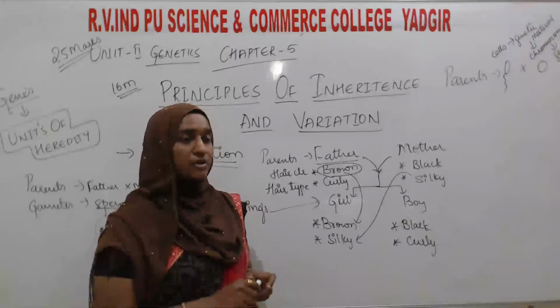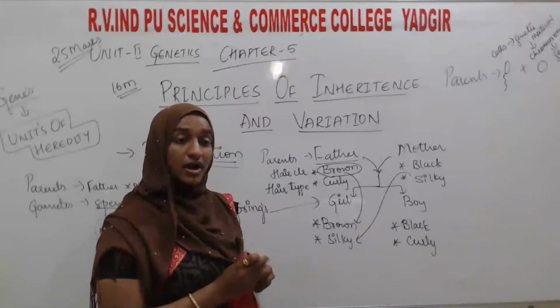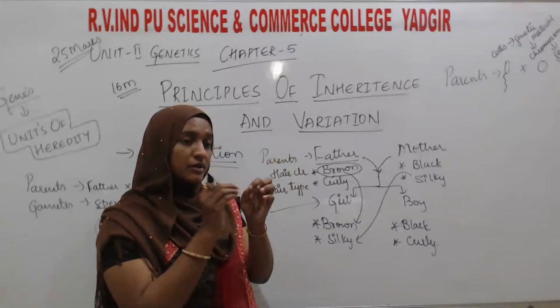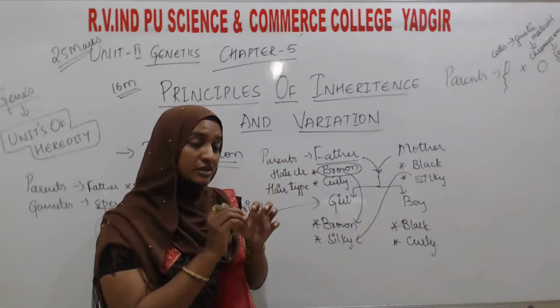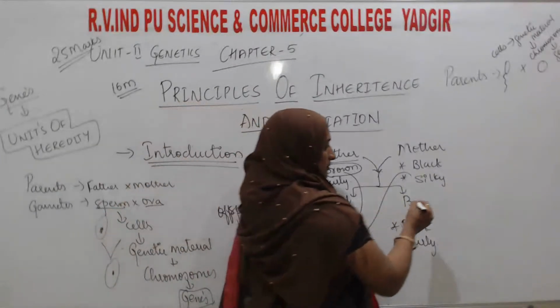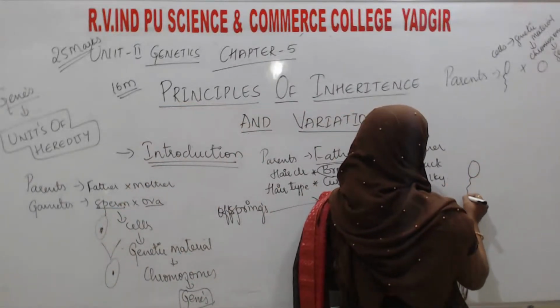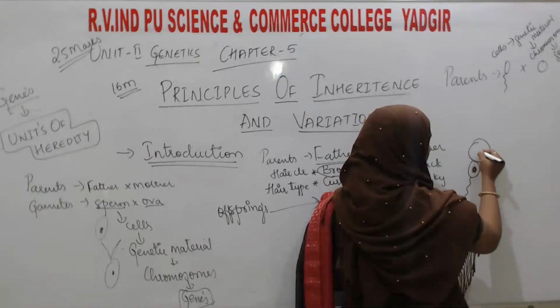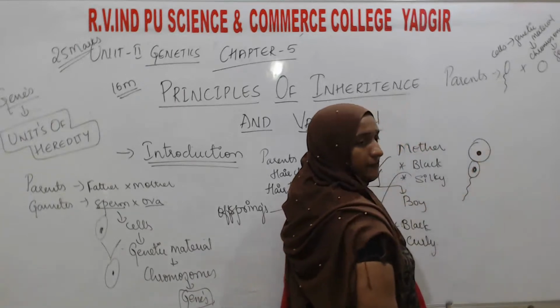So here, what happens? The cells are going to fuse. If cells are going to fuse, then the nucleus is also going to fuse. During fertilization, here you see, this is the sperm and this is the ova, and this is the nucleus of the sperm and this is the nucleus of the ova.